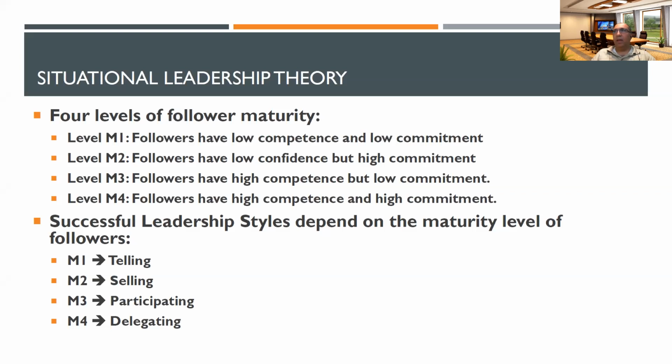And for the M4s, delegating is a good idea. If your people are highly competent, they know what they're doing and how to do it, it's a good idea to delegate the authority to them.